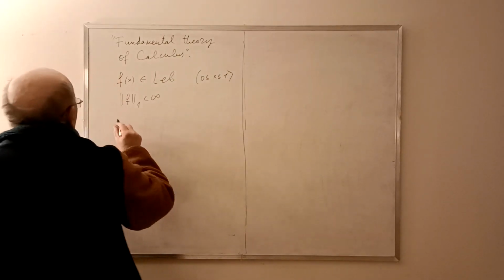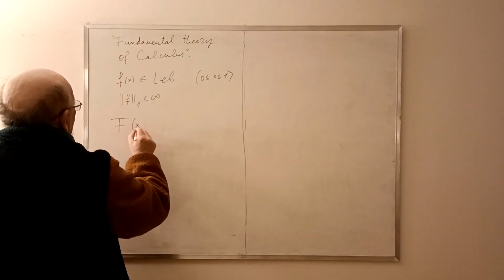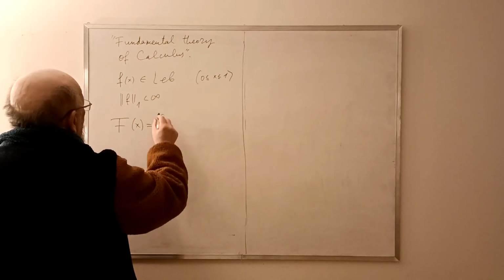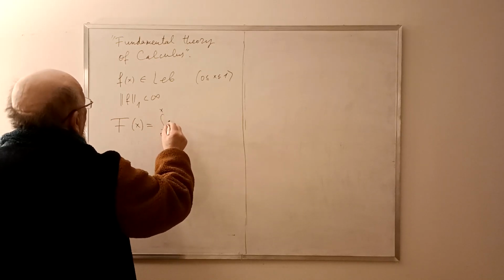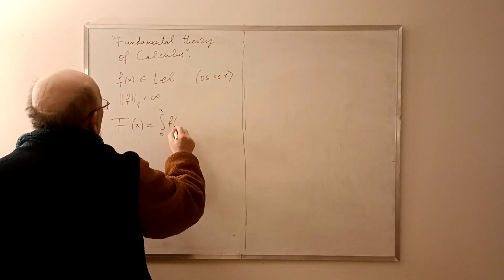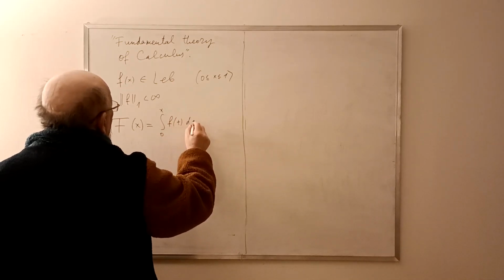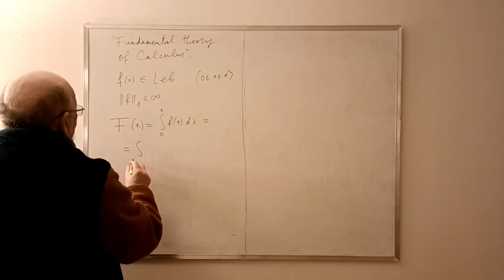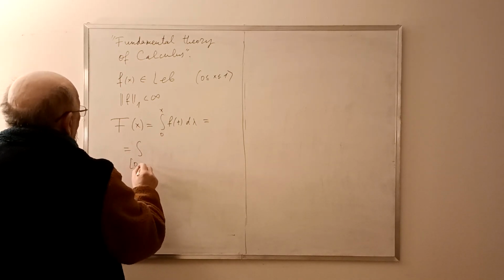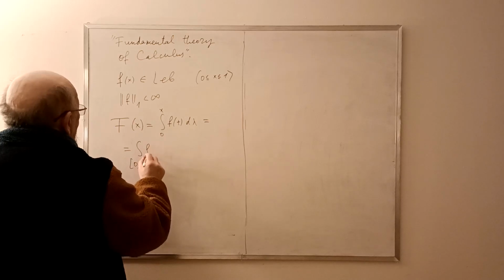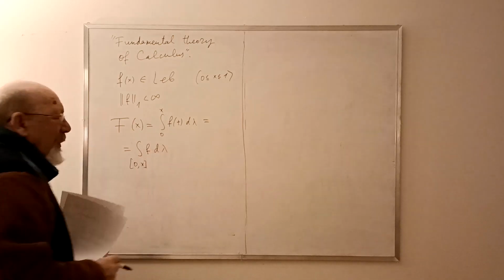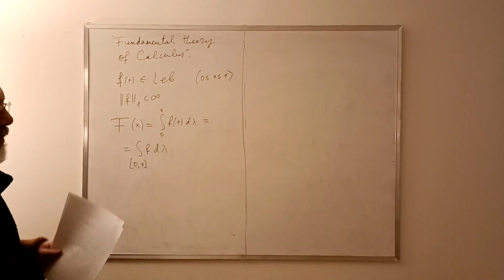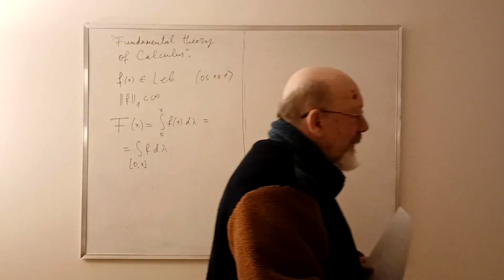Consider it on 0, 1, and suppose capital F of x equals the integral from 0 to x of f of t d lambda, which equals the integral over the set (0, x) of f d lambda. It is capital F, the so-called primitive function.